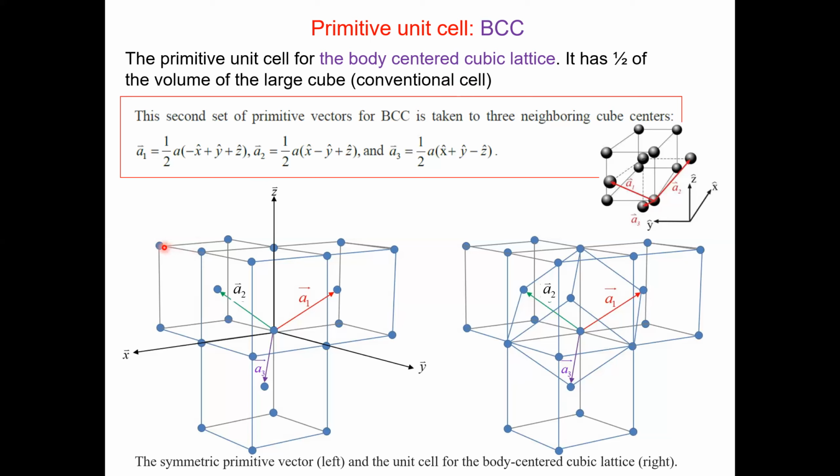So this is the conventional cell, a cube here and a cube here, or a cube here, or even a cube here, okay? But let's take a look at what the primitive unit cell for BCC looks like. So go back to the last lecture. We learned that we have a1, a2, and a3 like this.